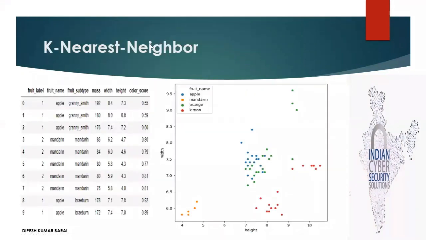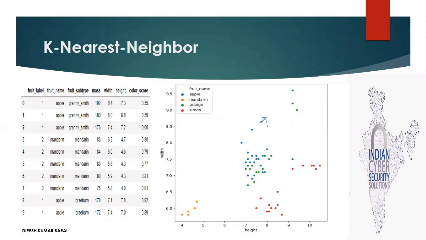Now, what is k-nearest neighbors? We use it for classification. Suppose a new data point comes in here, where we have taken two features, height and width. What will this fruit be?